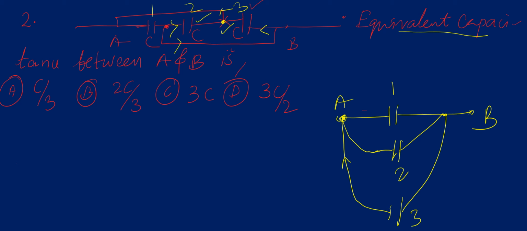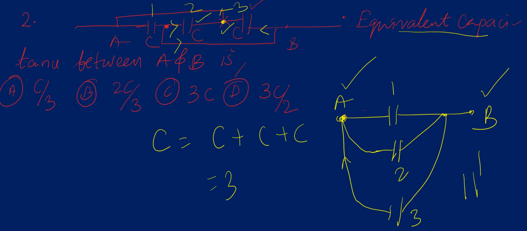So between A and B, actually we have three capacitors, 1, 2, 3. They are in parallel. In parallel connection, total capacitance is the sum of all. So here 3 are there, so C plus C plus C, that is 3C. Option C is the correct one.